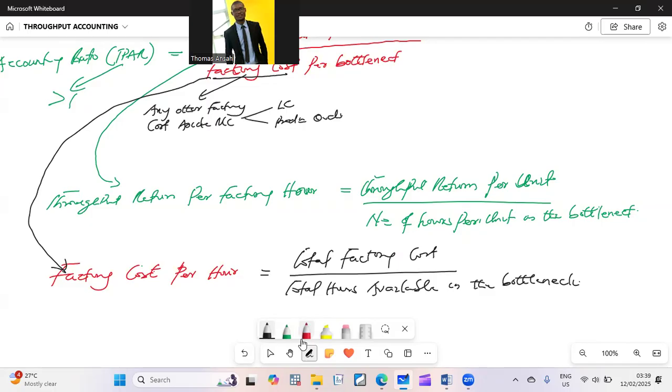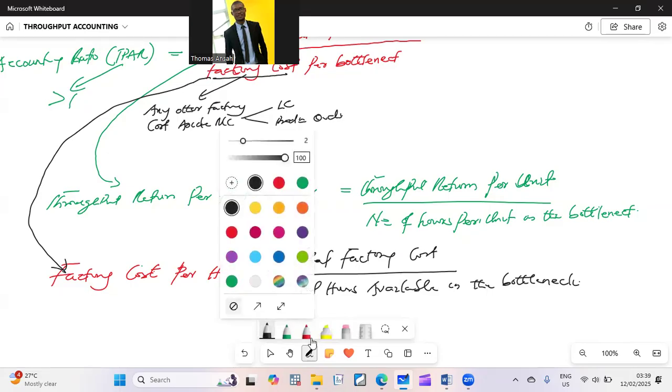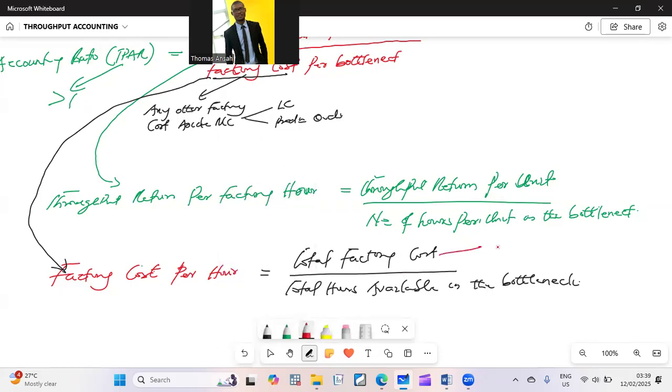Take note of that. All you need to understand is that this factory cost may be given in the exams as operating expenses. So take note of that. If the examiner is trying to trick you, then you have an idea how this is going to be.